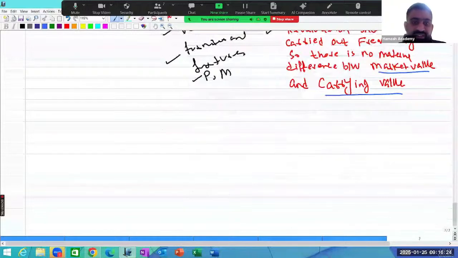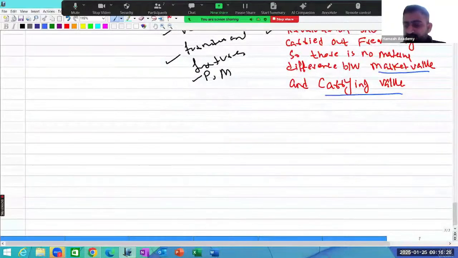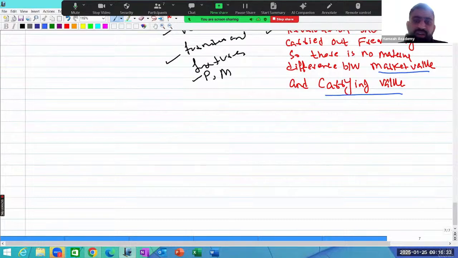Today I will finish the class early because there is some important work which I need to carry out. In next class, we will discuss the gain and loss statement under revaluation model, and disposal of the assets. We will discuss these topics in the last class, and we will complete IAS 16.